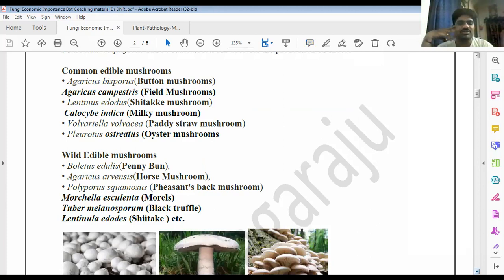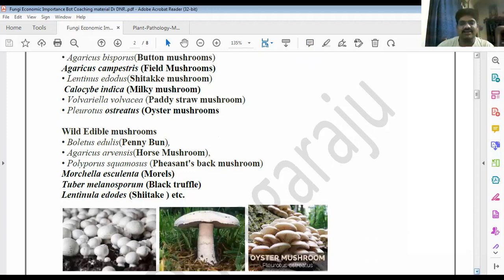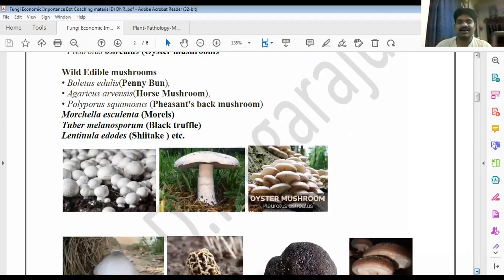You know, Julius Caesar, the Pope, a king, died because of eating mushrooms. Amanita, the death cap. By eating that, he died. He was a lover of mushrooms and regularly ate mushrooms in his daily food.